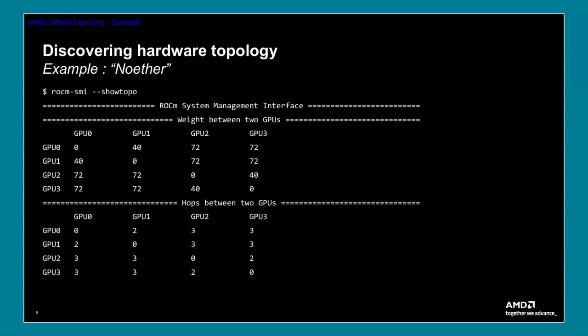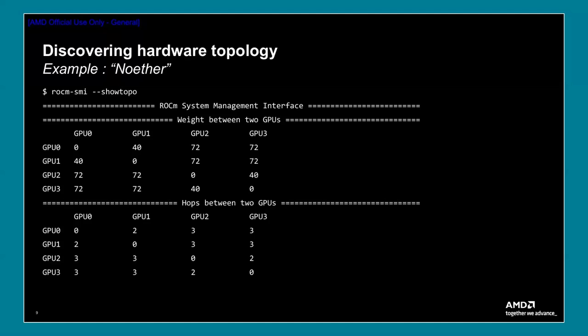It's called Noither. It's got, like I said, the 4 MI210s on there with PCIe 4 architecture. And the way this looks, we'll look at this first section here. It's called the weight between the two GPUs. This is a qualitative measure for the distance that data must travel to reach one GPU from another one.